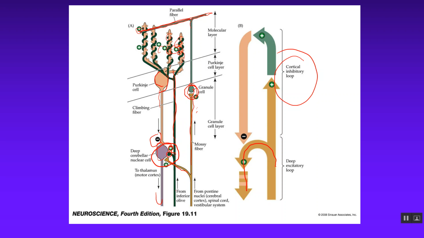And it does it in a controlled way, so that you turn the muscle on, but then you turn it off in a controlled way. And that's called the cortical inhibitory loop. So you get this brief excitation initially where it helps the muscle do its job, but then a few milliseconds later you get a dampening and a turning off of the muscle, okay?